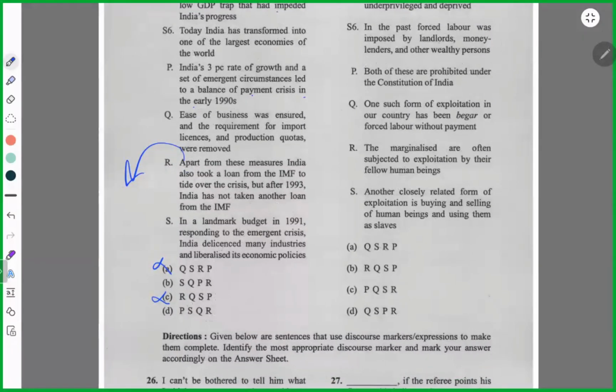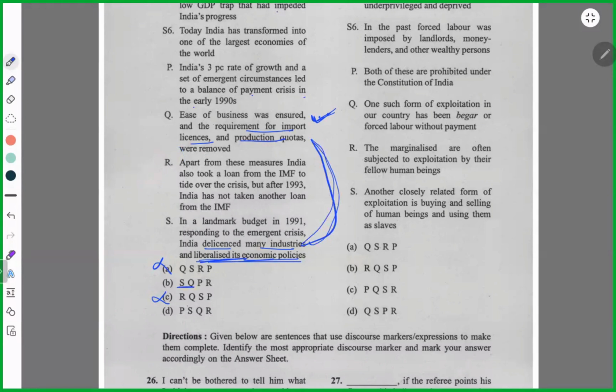Very important. Liberalized economic policies. If they delicense many industries and liberalize economic policies, so ease of business was ensured and the requirement of import license and production quotas were removed. Again, action, continuation. It seems like continuation. So SQ is a kind of pair.